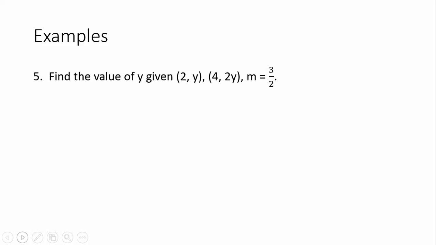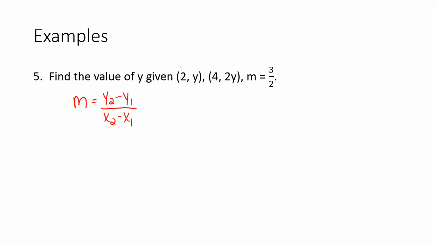For the last example, it's a little trickier. Here we're given the slope, and we need to find the value of y in the two ordered pairs. So we have 2 comma y for the first ordered pair, and we have 4 comma 2y in the second ordered pair, and our slope is 3 over 2. So remember that slope equals y2 minus y1 over x2 minus x1.